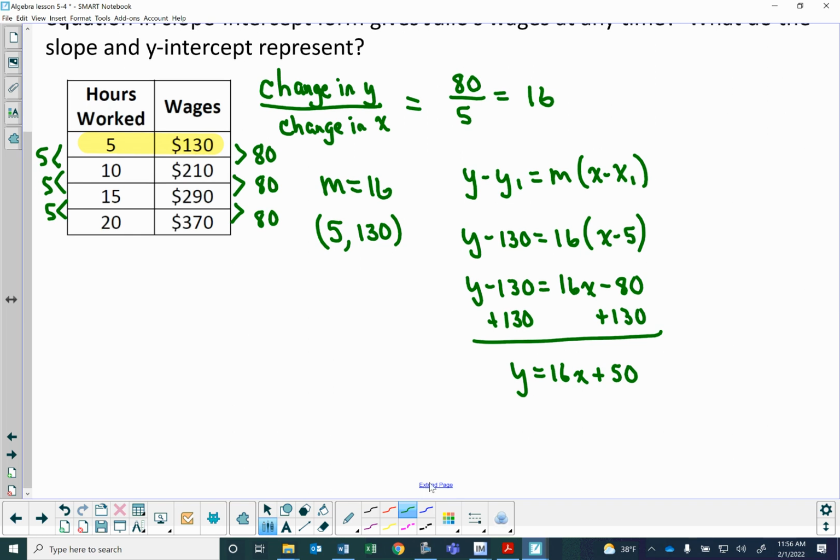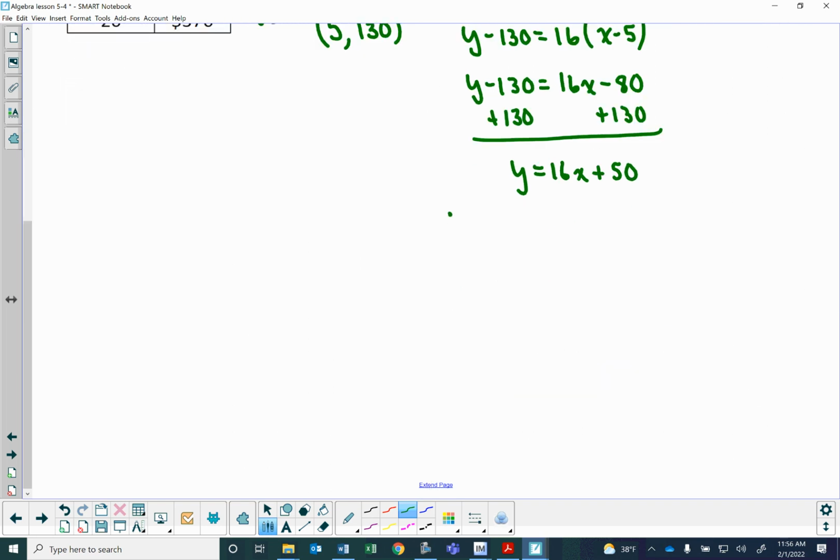He's obviously making $16 an hour. And the y-intercept is a fixed amount of income per pay period. So in other words, Julio will make $50 per pay period and then $16 an hour on top of that.